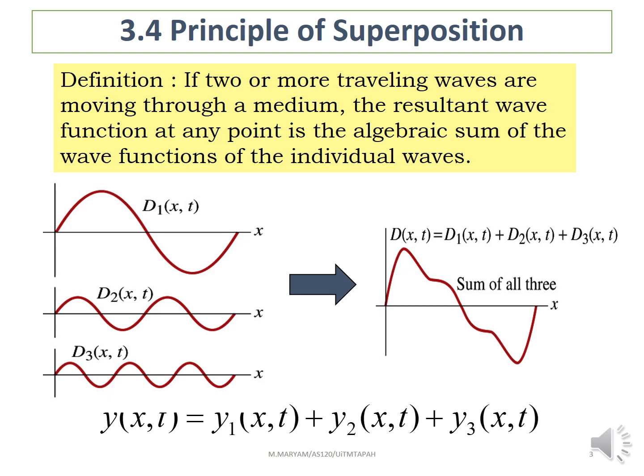Here, this one is represented by D1 and this one is represented by D2, and this is the wave number 3, D3, and this is the sum of all three, so equal to D1 plus D2 plus D3 in terms of X and T. X is displacement, T is time.